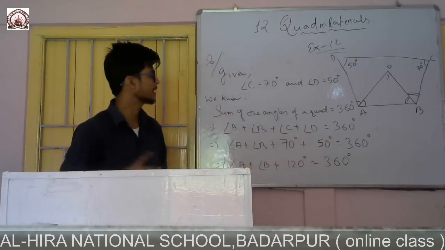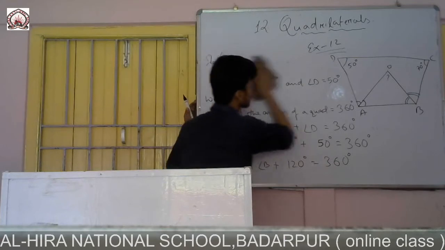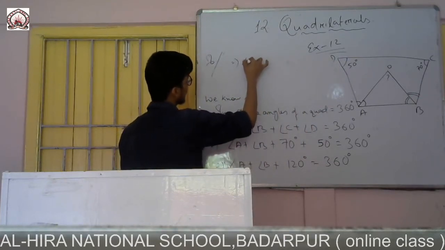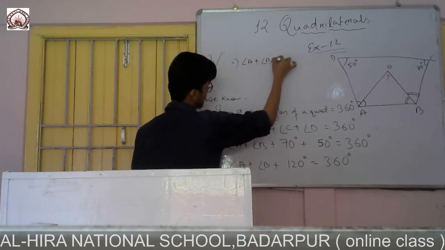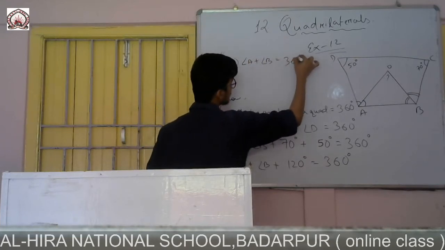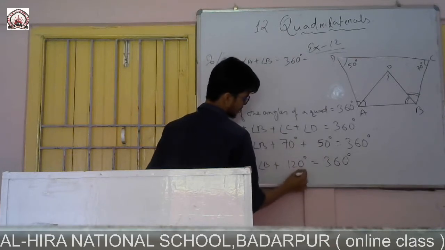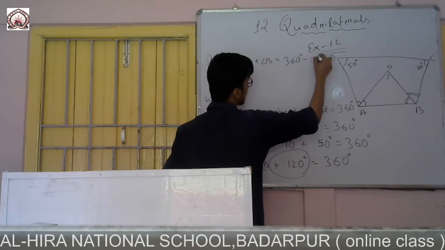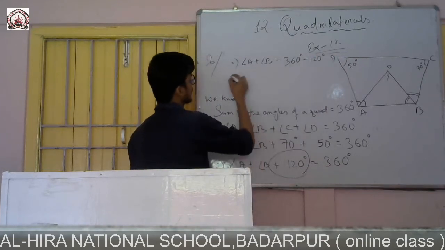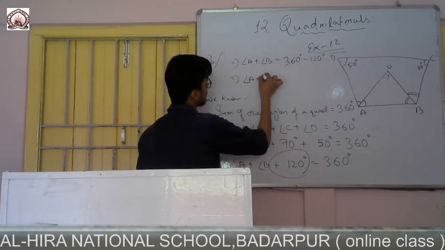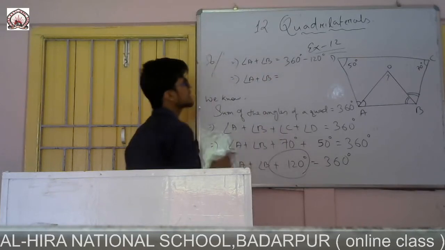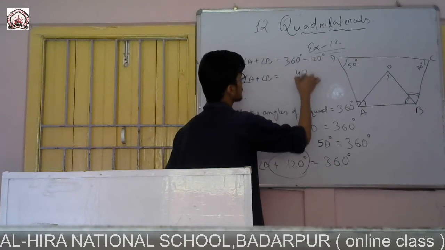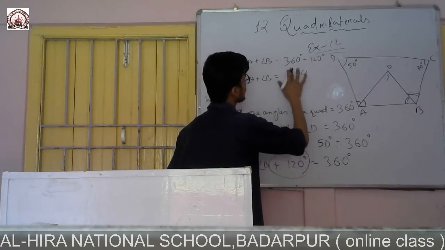Now I will change the side. That implies angle A plus angle B is equal to 360 degrees minus 120 degrees. 0 minus 0 is 0, 6 minus 2 is 4, and 1, sorry, 240.